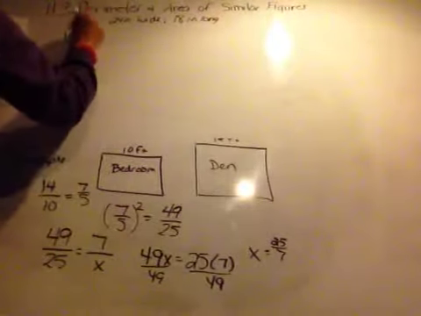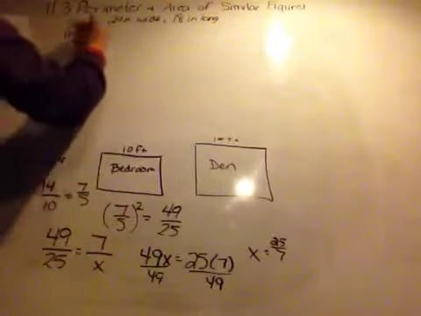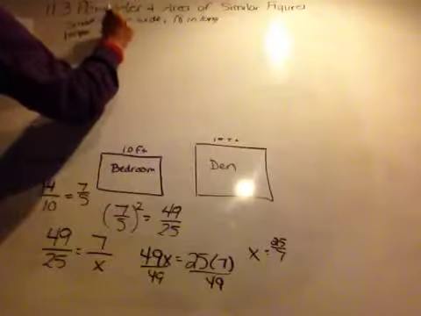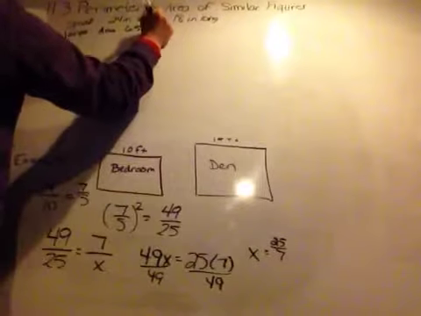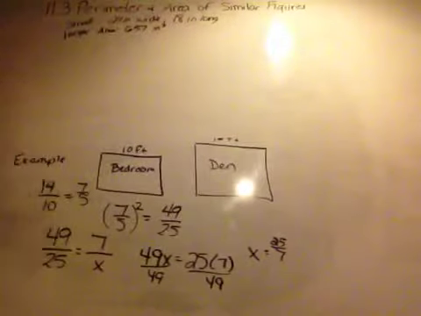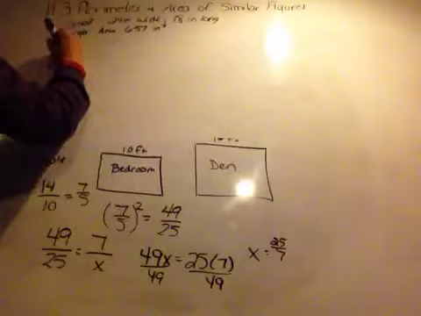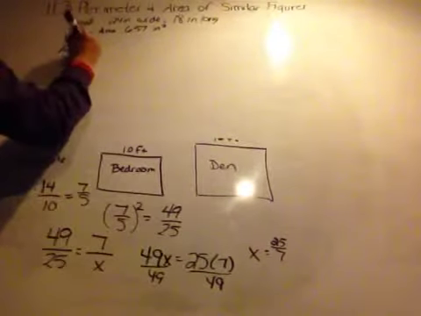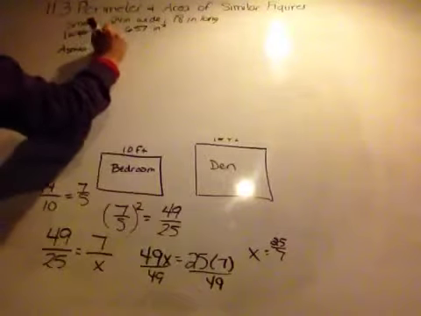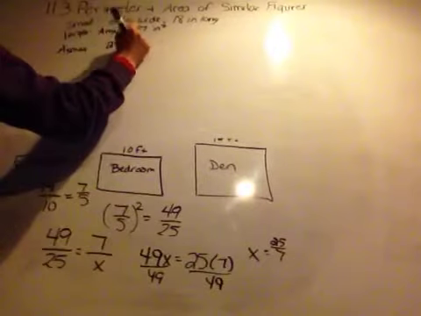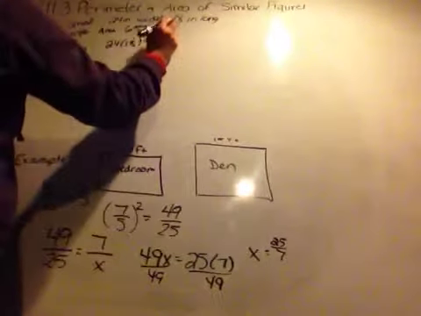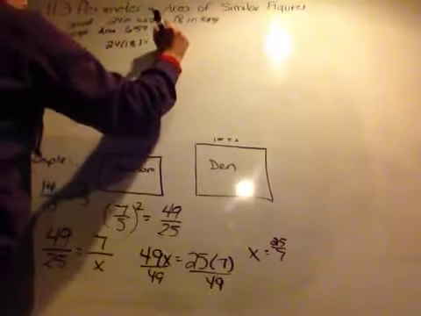The larger TV is similar to the smaller one, and it has an area of 657 square inches. And we want to find the width of the larger TV. So we're going to start with the information we know. We have the area of the larger TV, and we can easily find the area of the small TV because we have the length and the width. So it's going to be 24 times 18, which is 432 square inches.